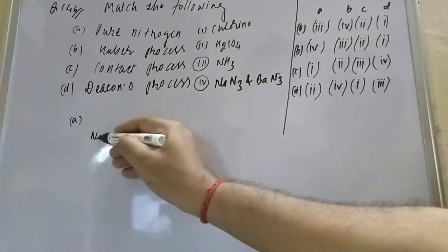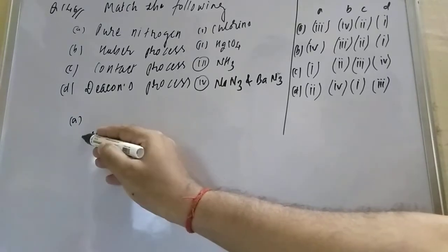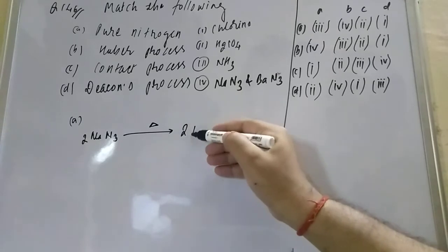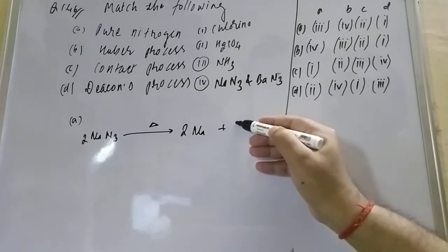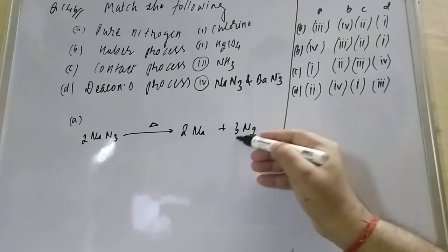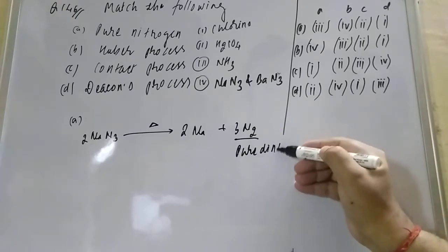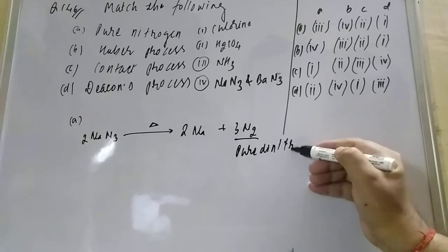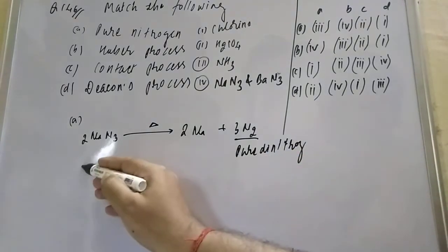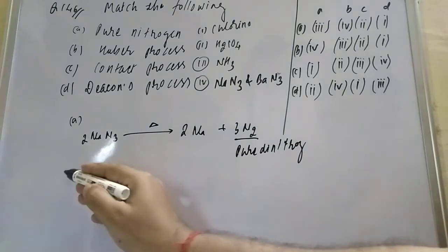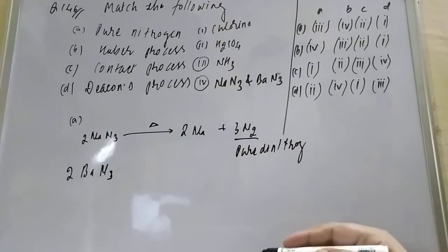So if you talk about NaN3, student, take two molecules and you heat it. So what it will give you, student, you will get 2Na plus 3N2. Okay, so it is the pure dinitrogen, and even your BaN3, take 2 moles of BaN3.